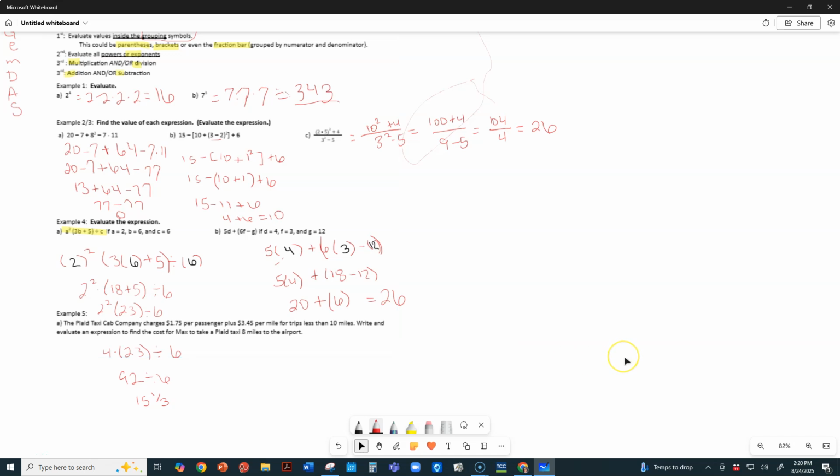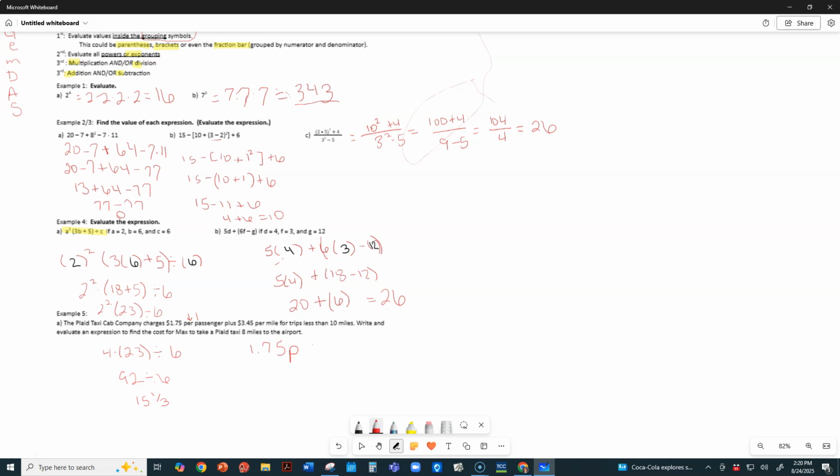Now this last one right here says that we've got a taxi cab that charges this much money per. Do you see the per? That means multiply. I've got to multiply $1.75 per passenger. So how about we use a P for passenger? Per passenger.